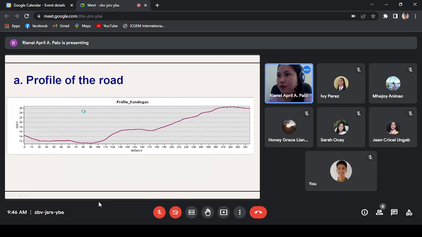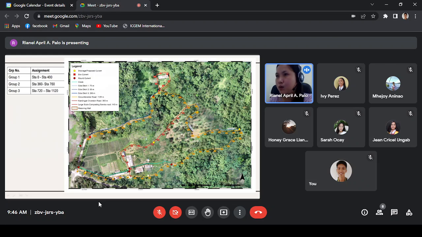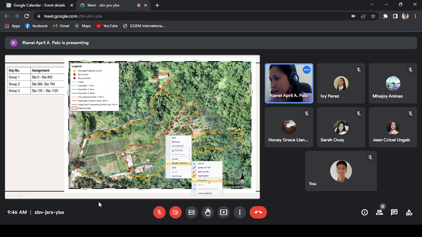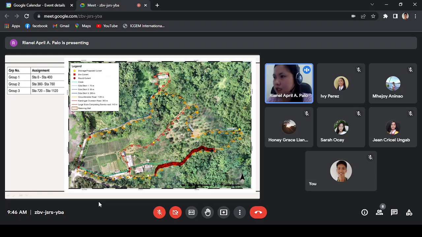So, for the first group, since you're assigned sa station 0 to station 400, pwede na to, ang inyong first curve is this one, then second curve, then kani ang inyong third curve, doon sa station 400. Para sa inyong item sa vertical curve. Then for group 2, station 360 to 760, pwede ka nga rin.